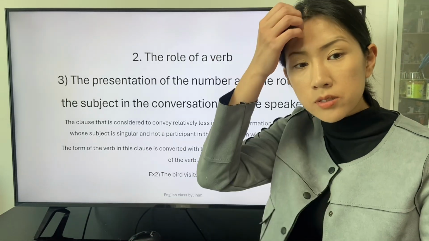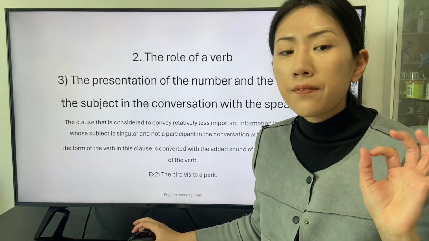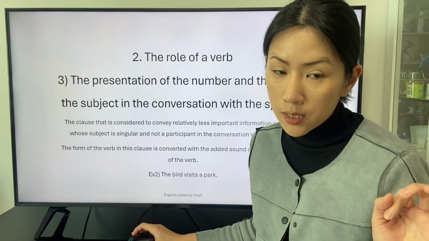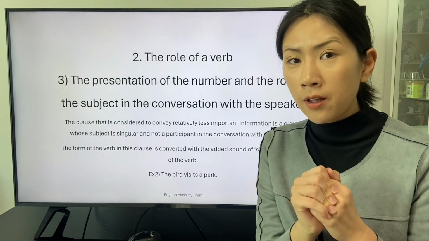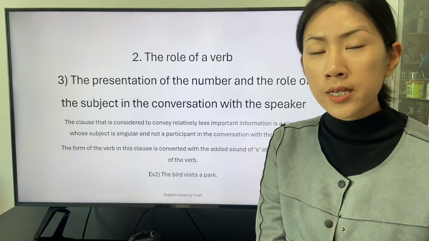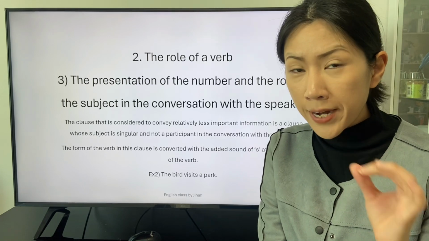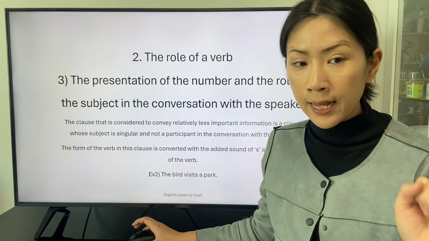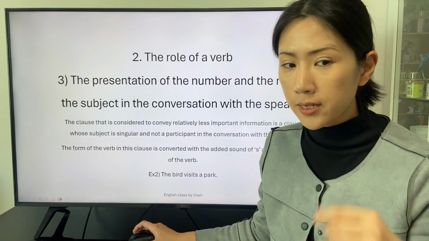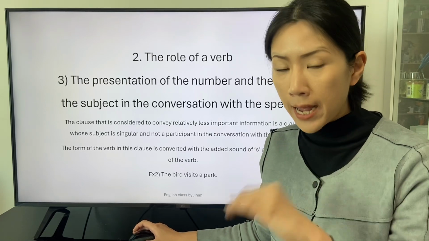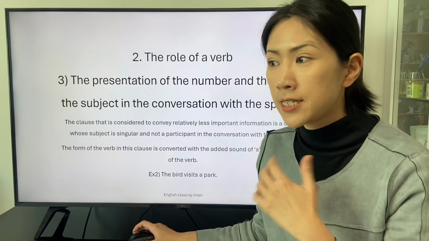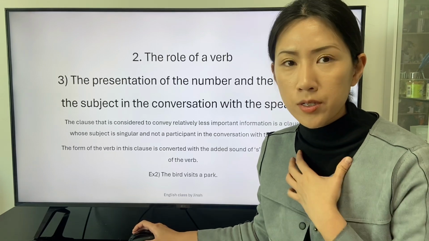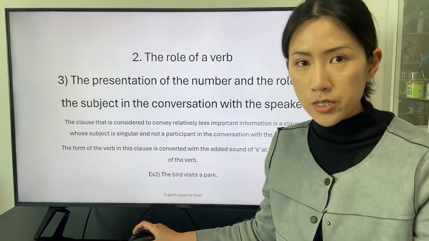There is a clause: "The bird visits a park." The number of the subject indicated by the noun phrase "the bird" is singular, and the subject indicated by the noun phrase "the bird" is not a participant in the conversation with the speaker and the listeners.